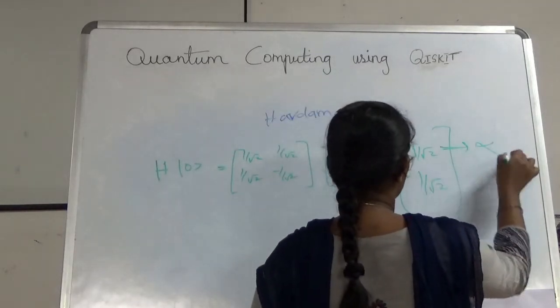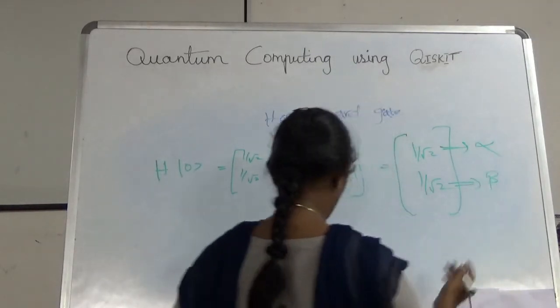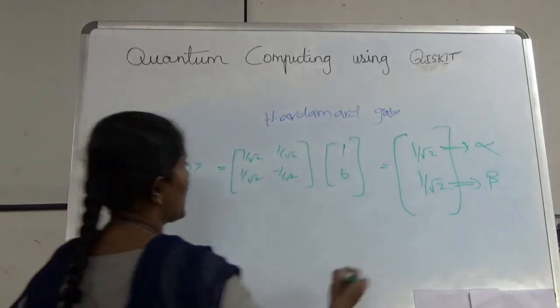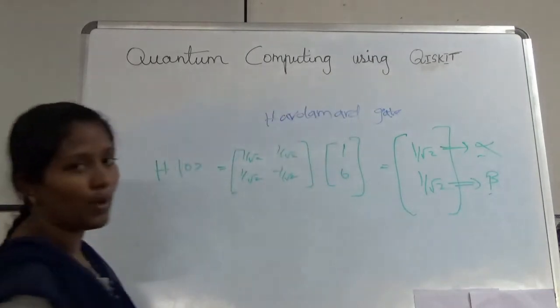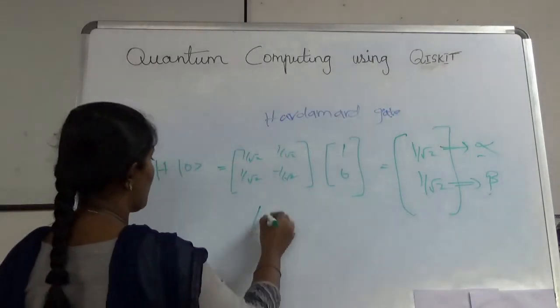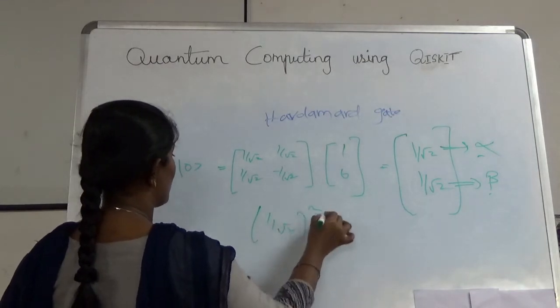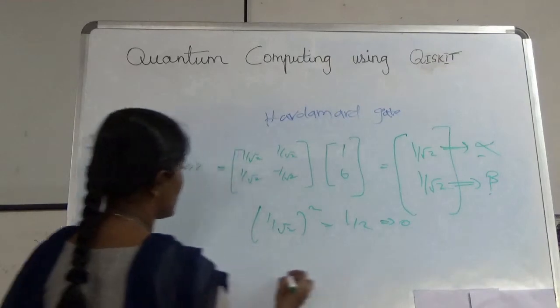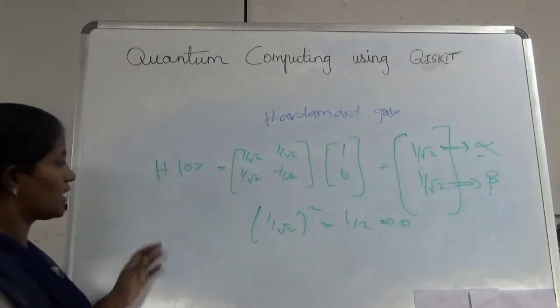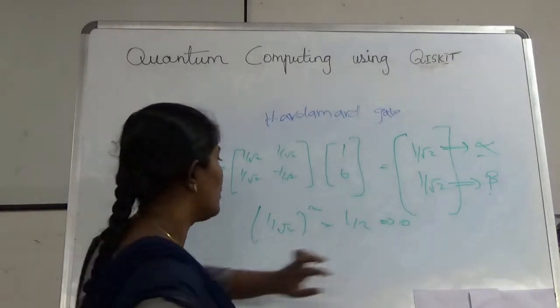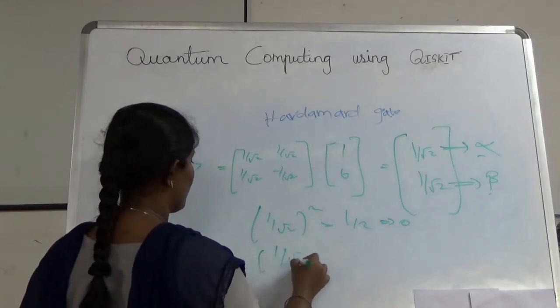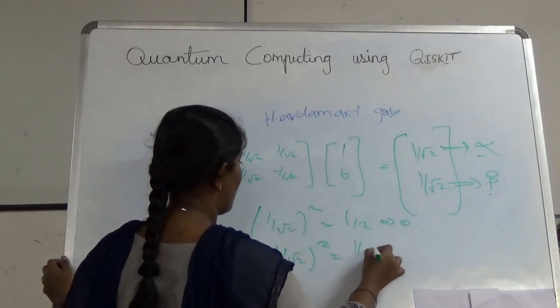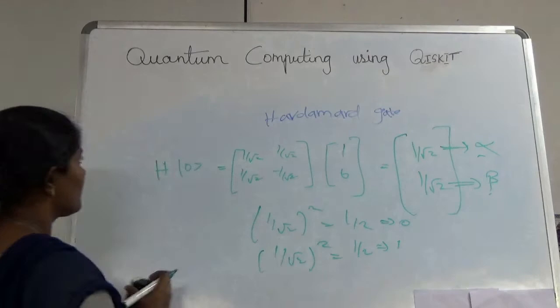Here this is alpha and this is beta. So the magnitude of alpha and beta will give us the probability. Therefore, 1 by root 2 the whole square is equal to 1 by 2. Therefore, the electron has a half chance to be 0 and a half chance to be 1.